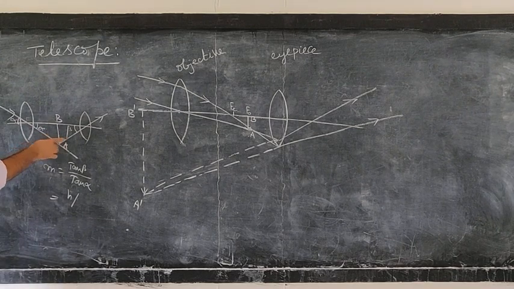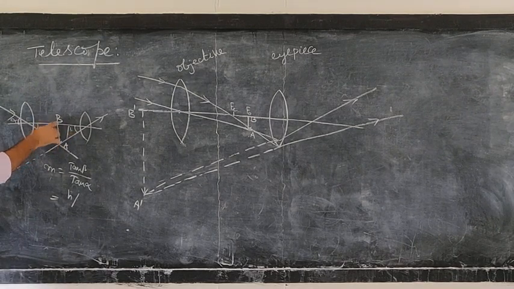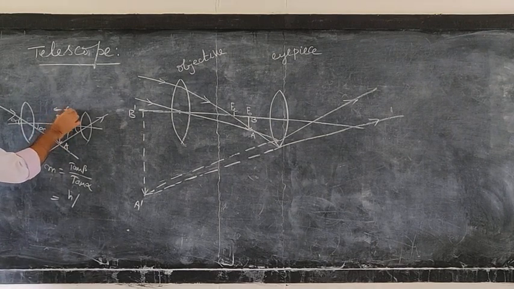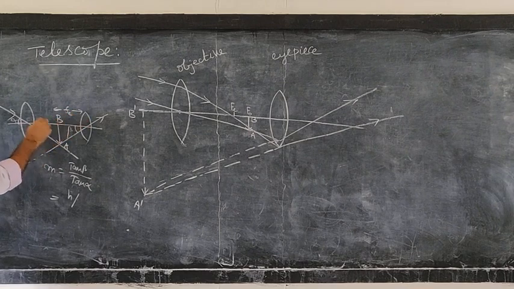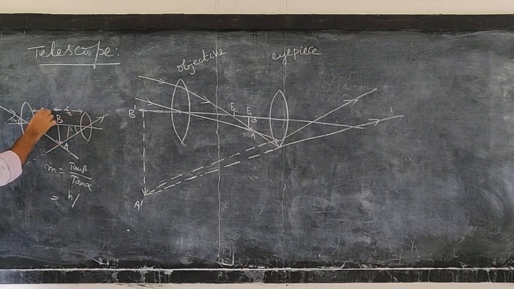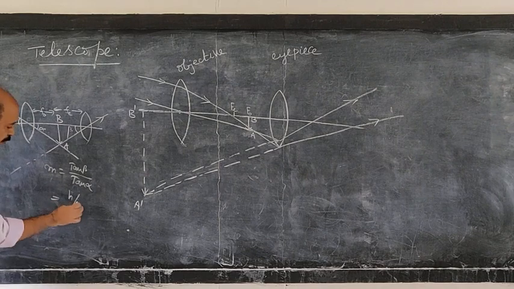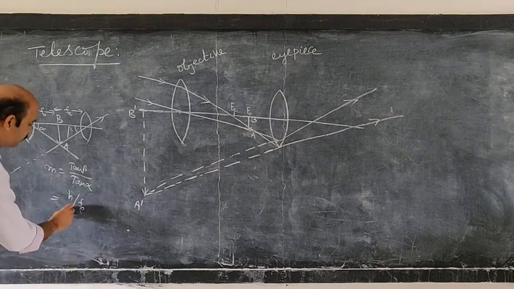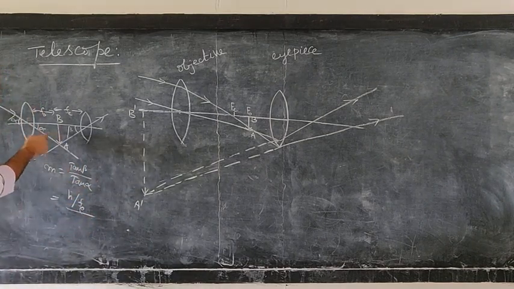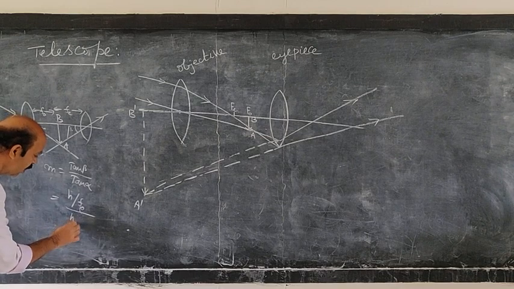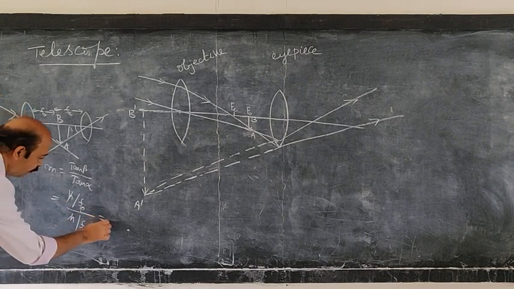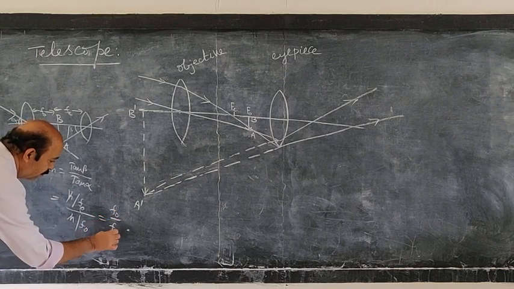Therefore, I can easily say that tan beta is equal to h by the focal length of the eyepiece, FE, and tan alpha is h by FO, the focal length of the objective. So that h gets cancelled.